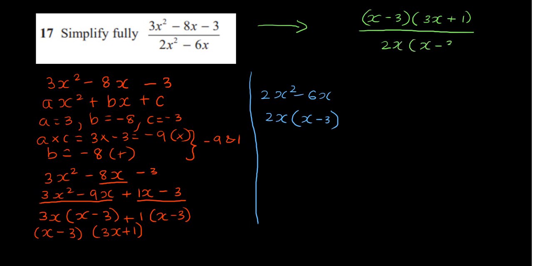What I could do is cancel out now the two x minus 3's with each other. I can only do this after factorizing, so that would give me 3x plus 1 over 2x, and that's my simplified form. Remember, when it's one fraction, it's not two different fractions, it's just one fraction. In order to simplify, you need to factorize in most cases.